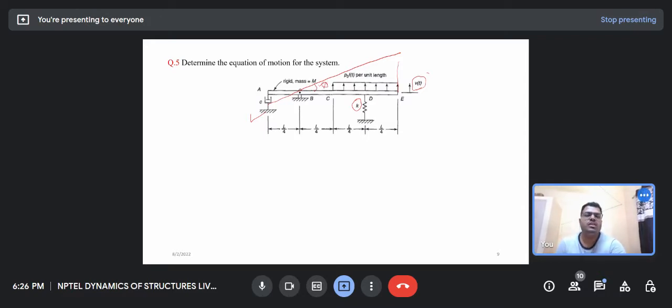Can you tell me what is the displacement at the point D and at the point C? First you can draw the free body diagram. If you are able to draw the free body diagram of any question, any system, then 50% of the work is done. After the free body diagram, you can solve any problem.